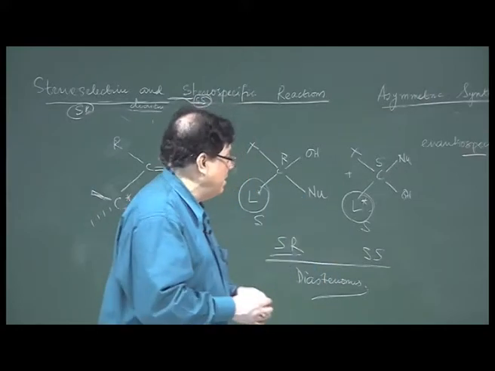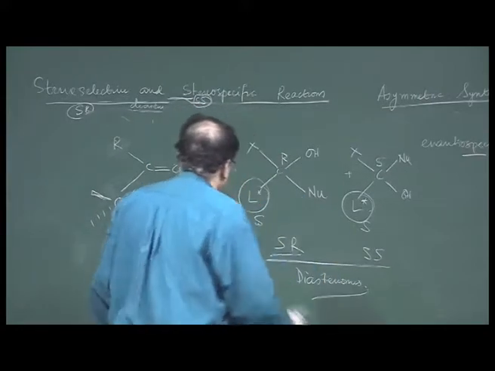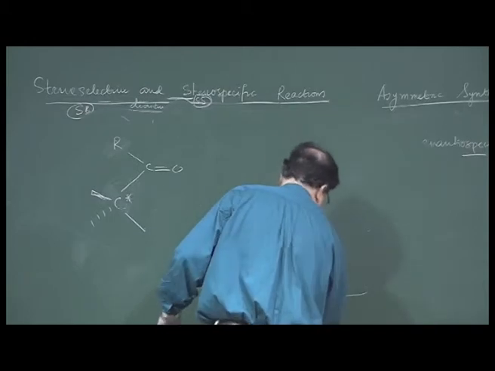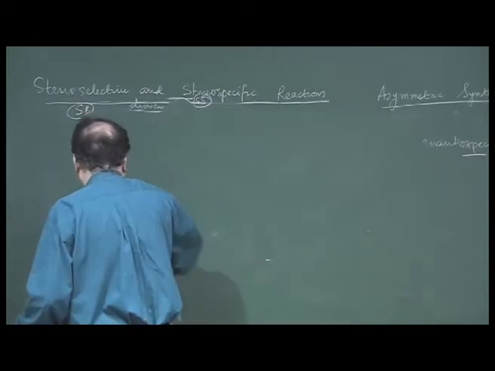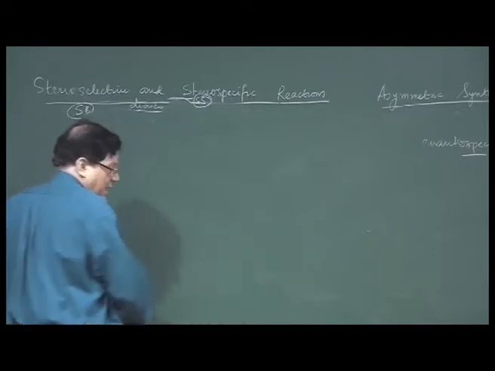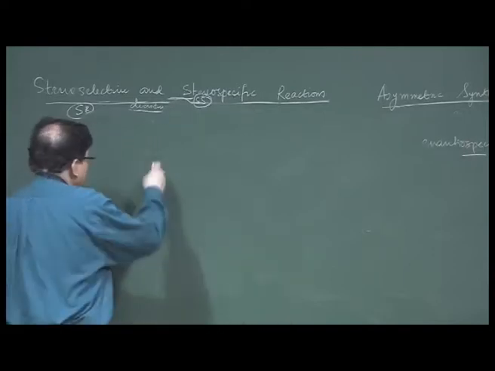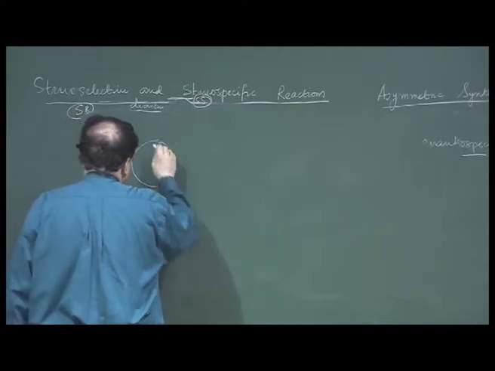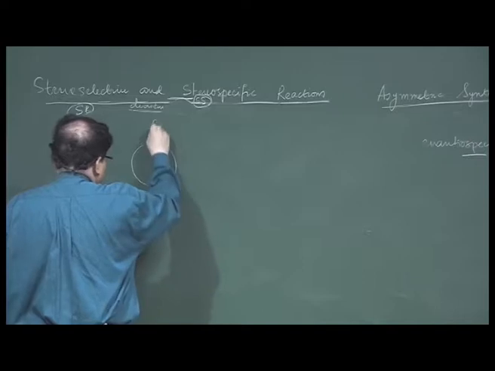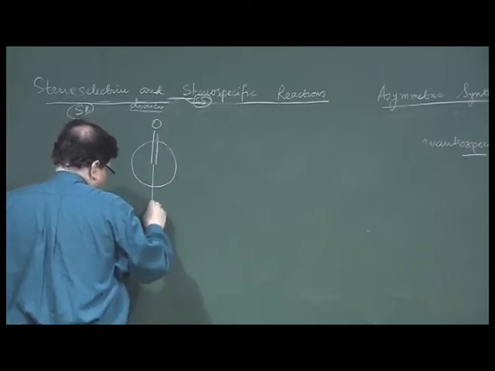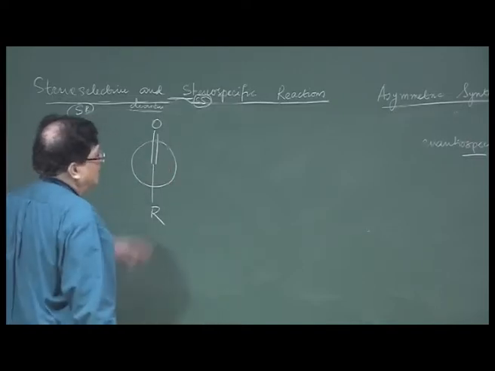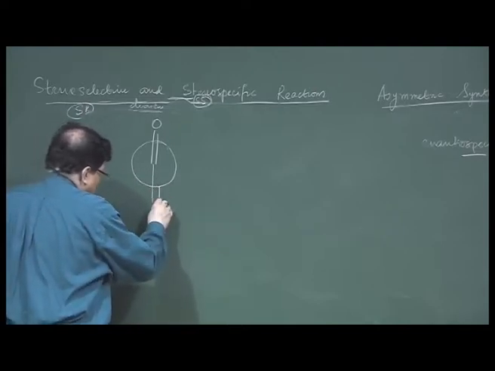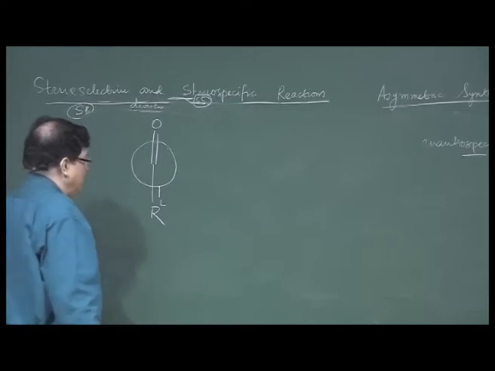So, according to Cram, if I go to the board, this is the simplest, the first rule that came out of addition to a carbonyl adjacent to a chiral center. According to Cram, the most stable conformation is the one where, next to the carbonyl, the chiral carbon's large group is anti to the carbonyl.